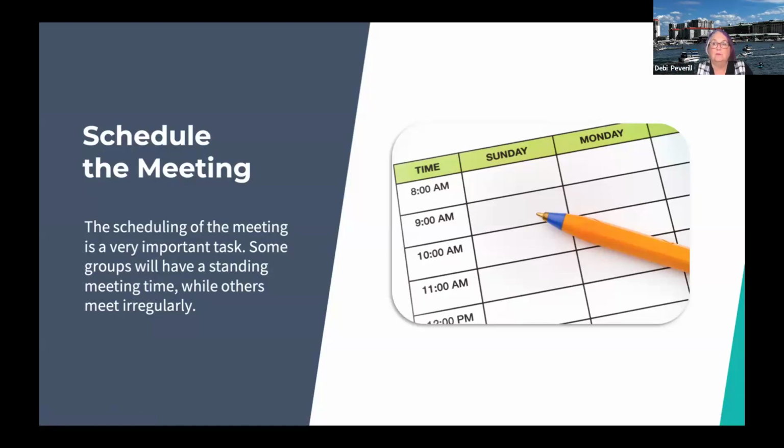But this causes trouble if there's something that happens in your life that always happens on Tuesday and you want to be on this board, but you're never going to be able to make a meeting. And then people are into this, well, we've always been on Tuesdays, but maybe we need to start meeting on Mondays or Sundays or something. If you've got a standing meeting time, you would hope that people would schedule their lives around the meeting if they're interested in the cause.